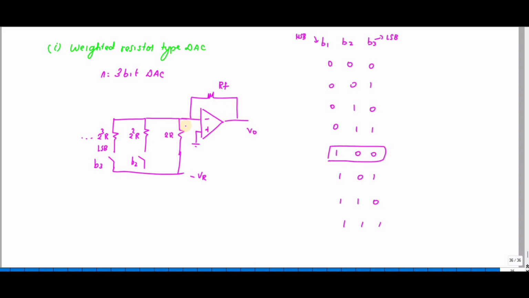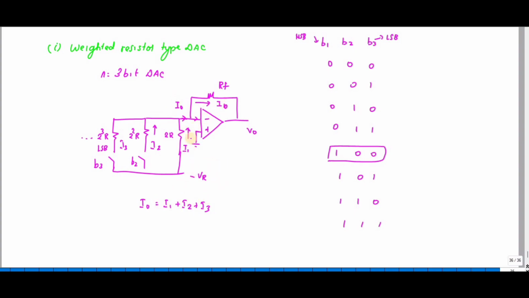Let me take this one as I1, this as I2 and this as I3. Since they are not connected, the I2 and I3 values are 0. So this current only is flowing through this. I0 is equal to I1 plus I2 plus I3.